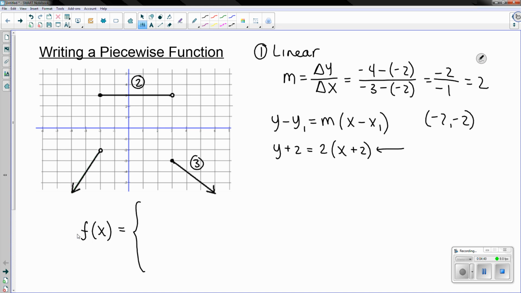We're going to distribute this 2 to get 2x plus 4, but then I have to move this +2 to the other side through subtraction and ultimately get 2x plus 2. This final form is that traditional slope-intercept form that you are used to, where we have mx plus b.